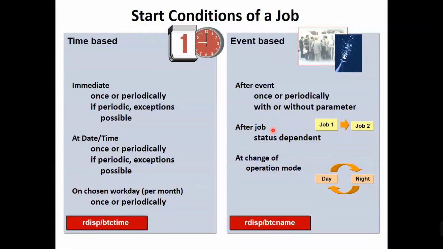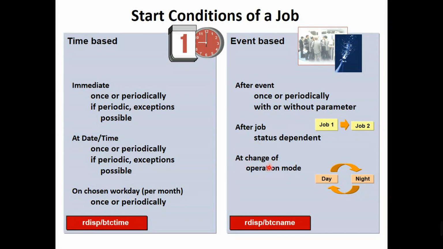Then, after job: you mention that this job has to run after a particular job. That means one job is already running, and after that job stops running, only then will your job start running. So it's condition based.